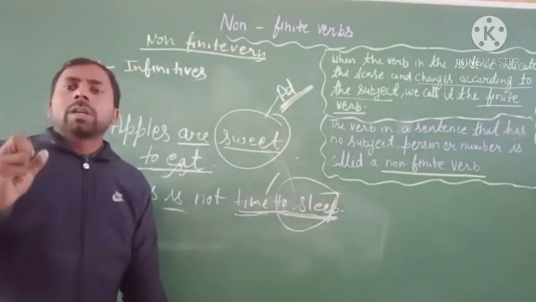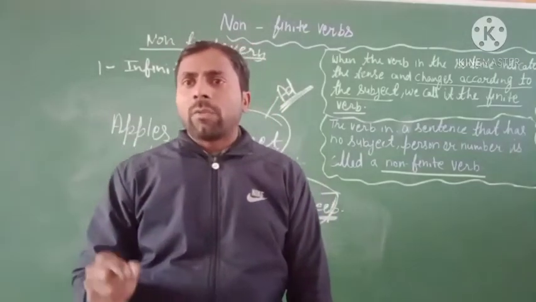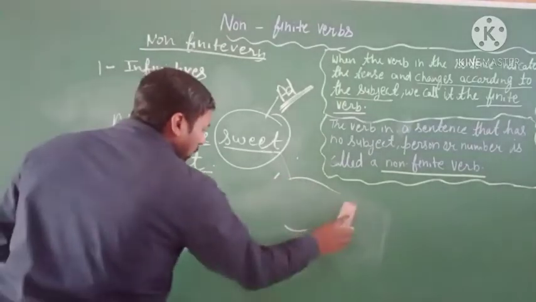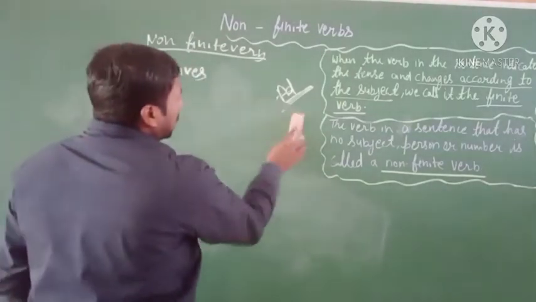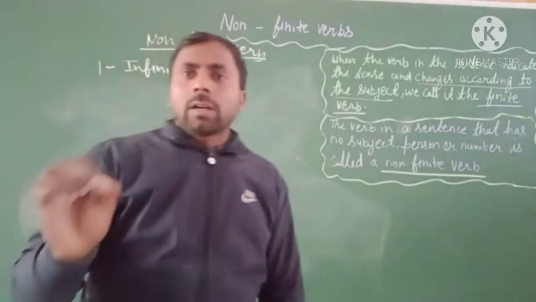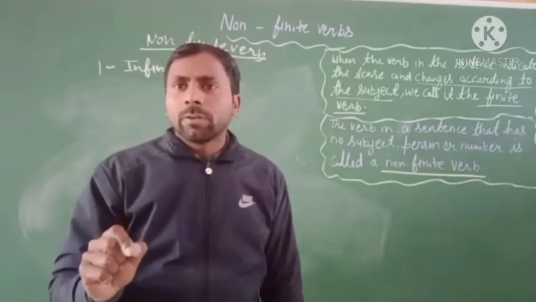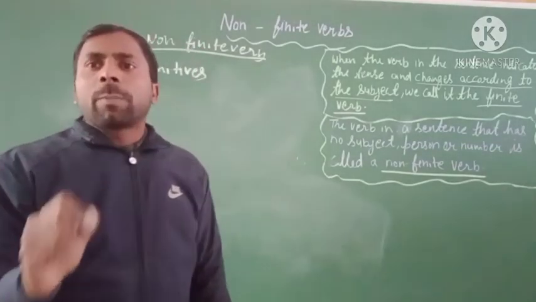Now next is, an infinitive can also be the object of a preposition. I think you know about the preposition. In the next session, I will explain about the preposition. So the next point is infinitive can be the object of a preposition.